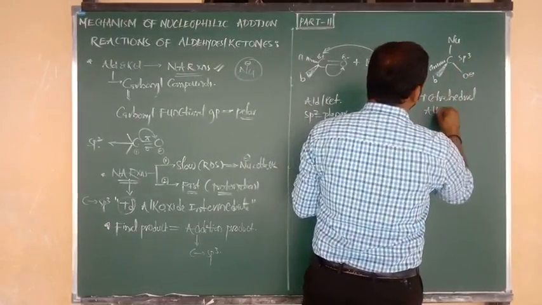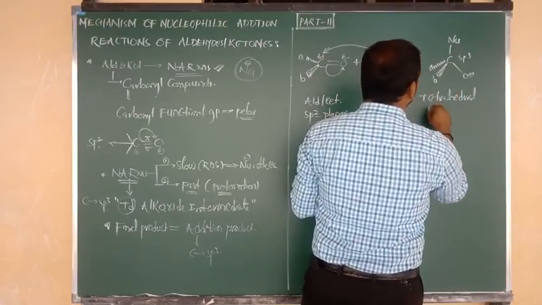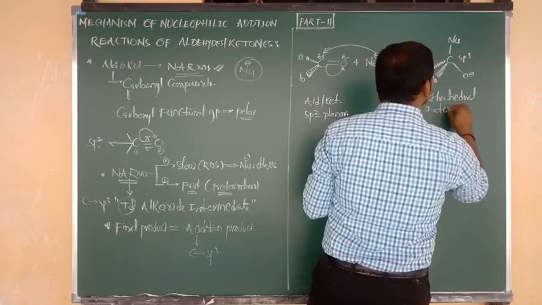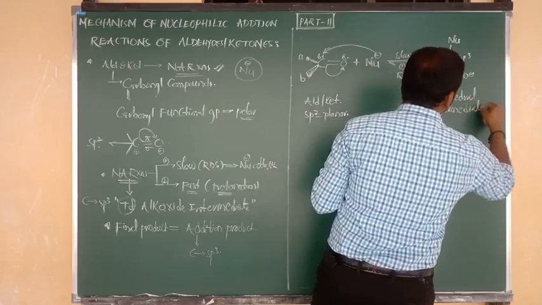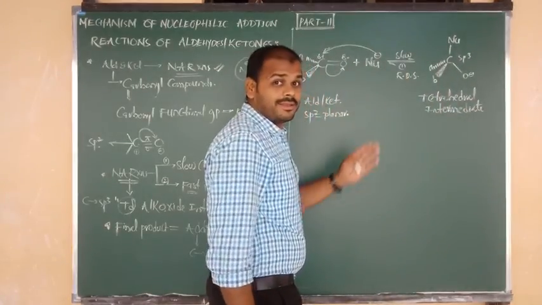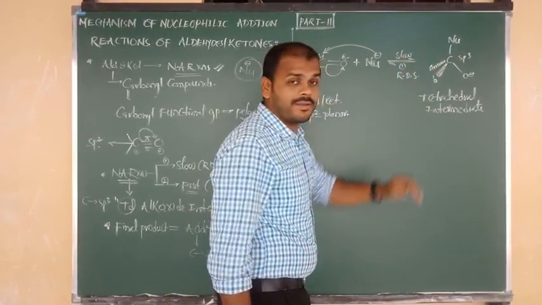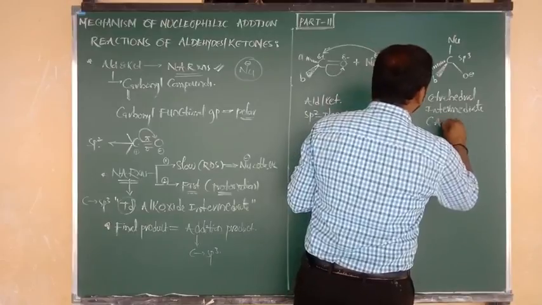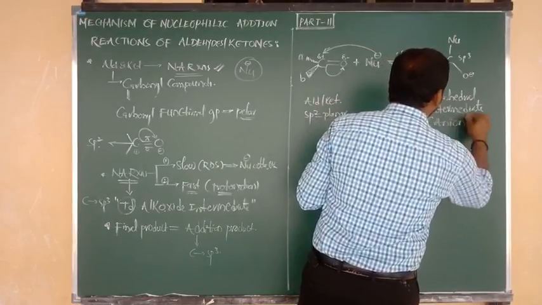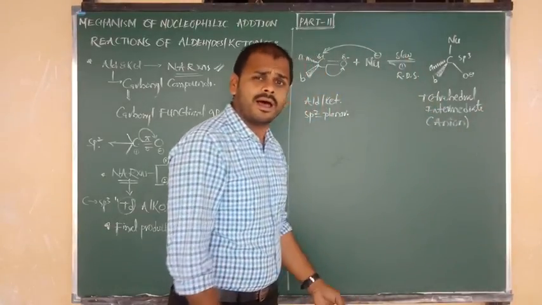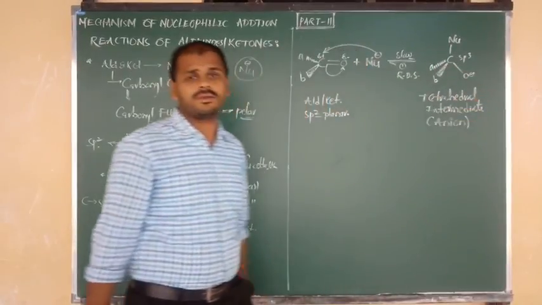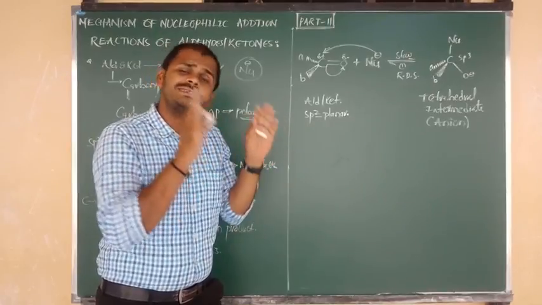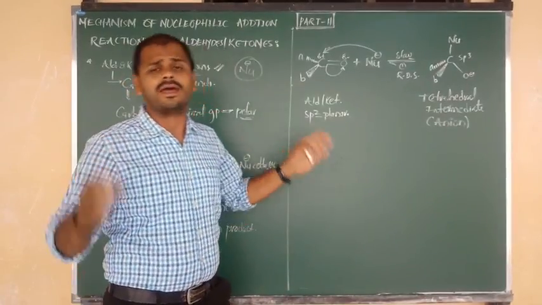So it is the tetrahedral alkoxide intermediate, or directly the tetrahedral intermediate. In the tetrahedral intermediate, carbon has sp3 hybridization. Another name for this intermediate is anion. What is the charge of an anion? Minus. The molecule carries a negative charge, that's why we say the intermediate is an anion, or a tetrahedral anion.